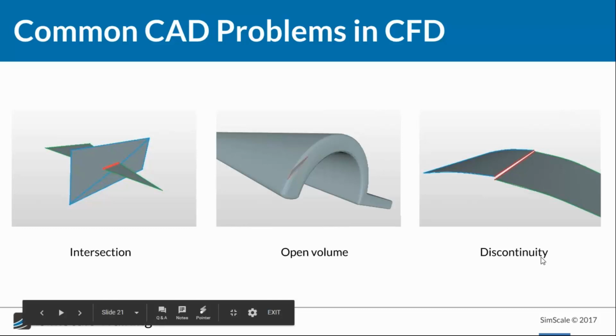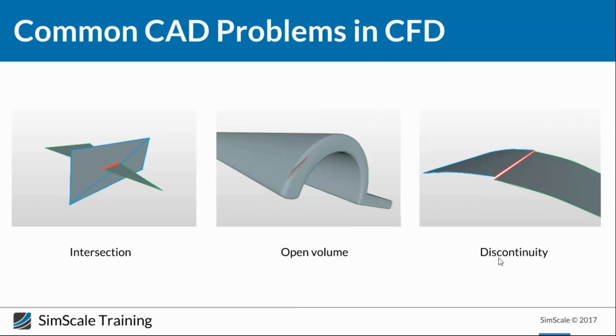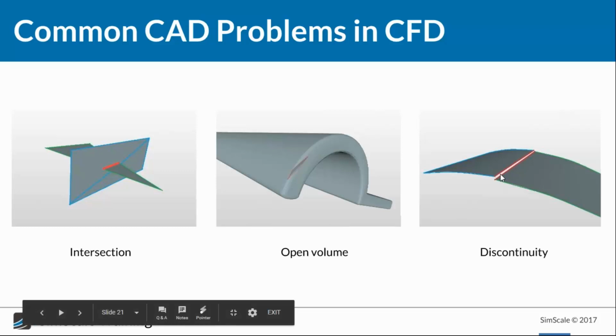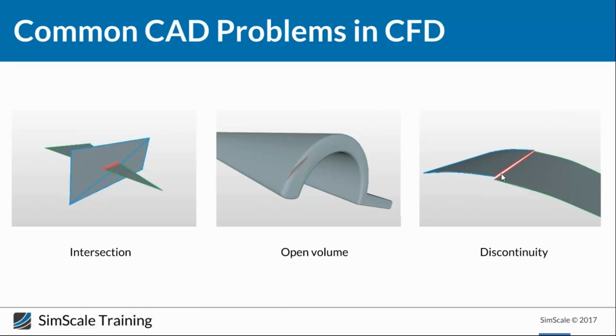Another thing, which is the discontinuity. Usually we face this discontinuity when we have two surfaces and we want to connect them, and sometimes because of some issues with the CAD software, or maybe just an estimation from the user, he will not connect the two surfaces, and as you can see, you have this gap, and this will create an issue for the solver later, or for the mesher later, because there is a gap. These surfaces are considered as zero thickness.